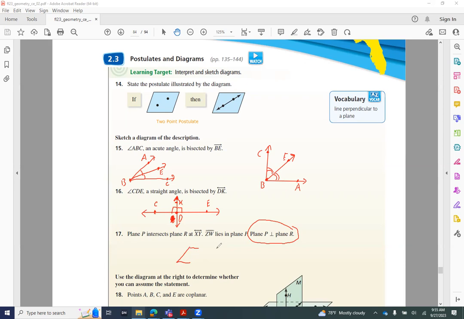Now, I'm going to leave a gap here because I'm going to have to draw another plane going through this one. And then let's say I draw this one here, back down.